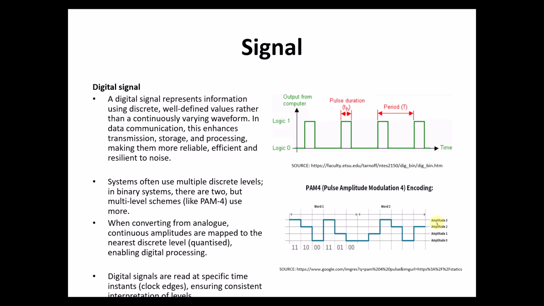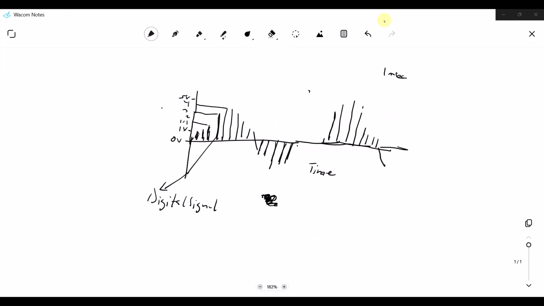So when we took the samples from our analog signal, these were the samples that we took. So we can draw back our analog signal like this. This would have been our original analog signal that we took the samples from. These samples are mapped to a finite discrete level, and that process is what we call quantization.